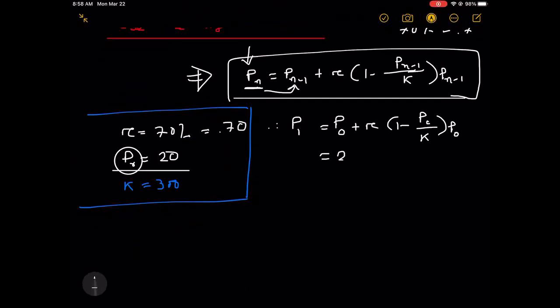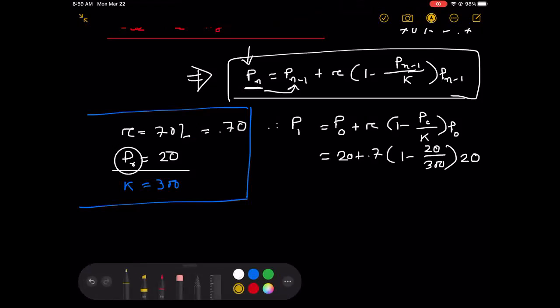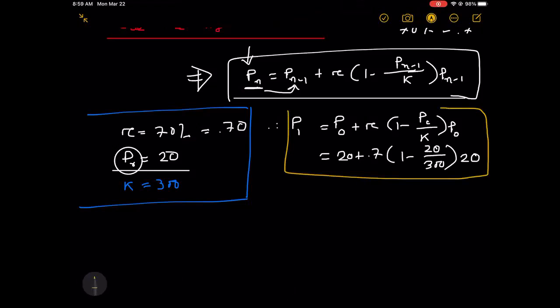P0 is 20, R is 0.7, 1 minus P0 is 20 over 300, because K is 300 and P0 is of course 20. Before we calculate this, any question on this equation? I just plugged in the values from the given information, nothing else. Any question from this?